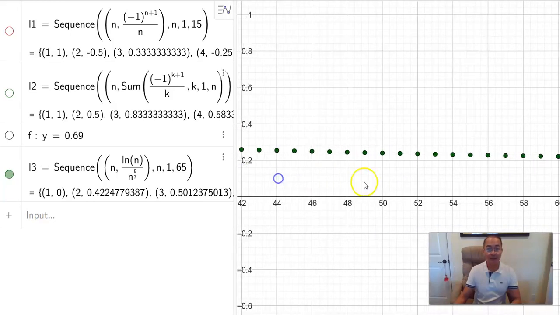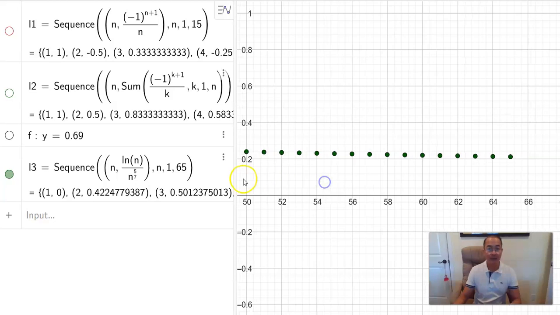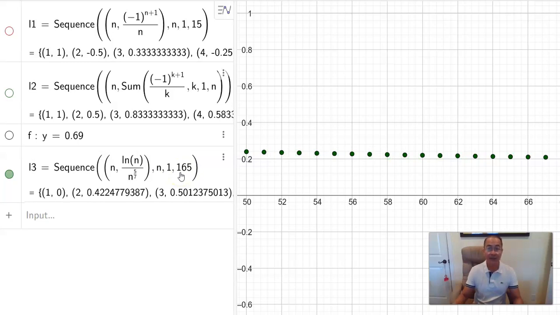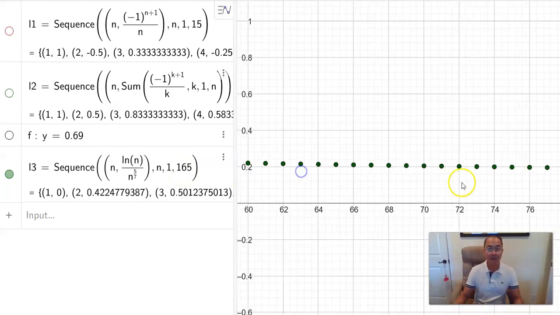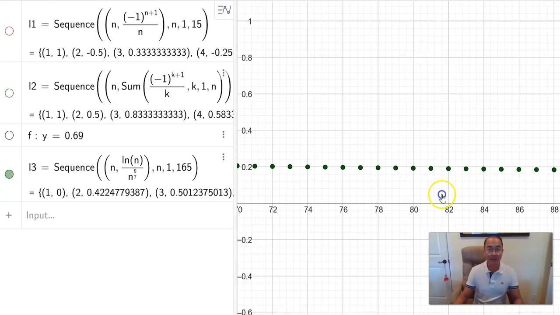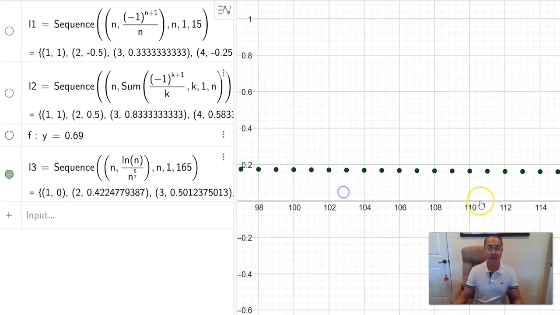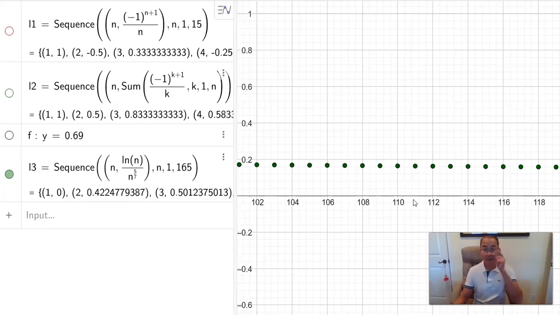Okay, so they're still above 0.2, but shall we go to 165? I hope I don't break GeoGebra. Yeah, we got some more dots. Yeah, so now we are below 0.2. Yes, still getting lower and lower and lower. We know, because we know calculus, we know L'Hopital's rule, that the limit of the sequence is going to be 0.